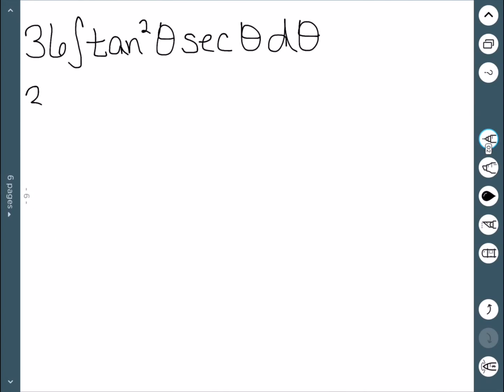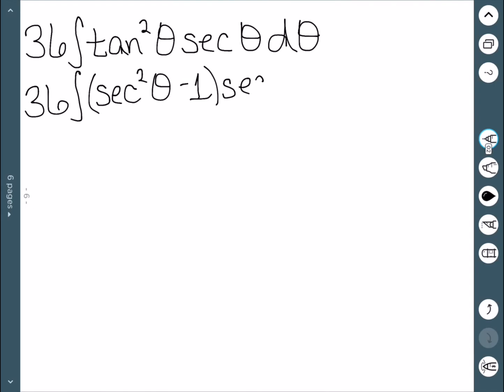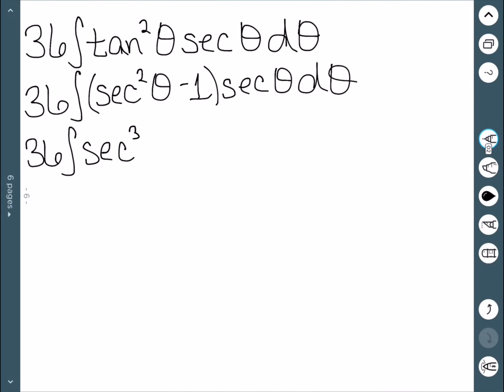My trig integrals tell me that I need to use the fact that tangent squared is secant squared theta minus 1 times secant theta d theta. This gives me the integral of secant cubed theta minus secant theta d theta.